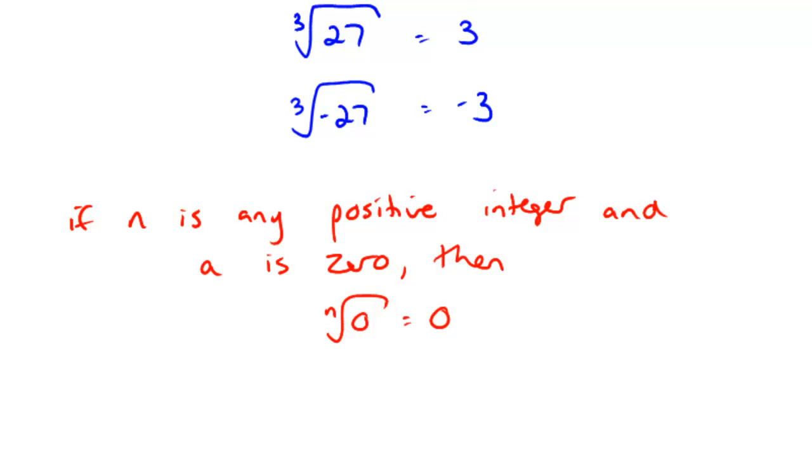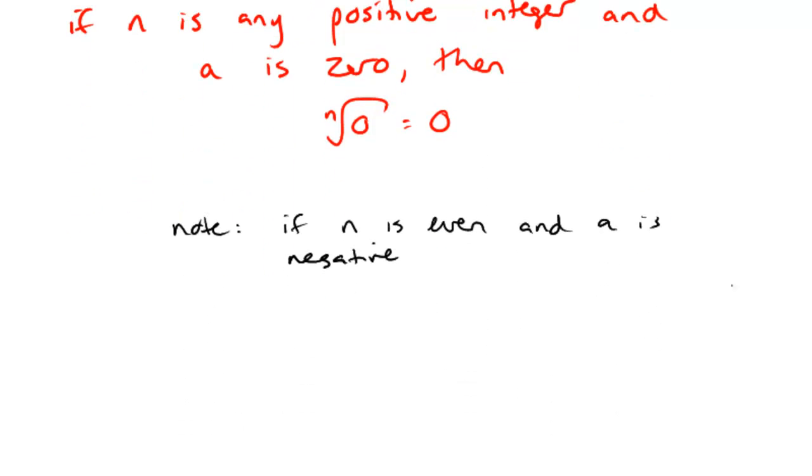The last thing that I should mention at this point, which is note, if n is even and a is negative, so we're taking the square root or the fourth root of a negative number, the answer is not a real number.